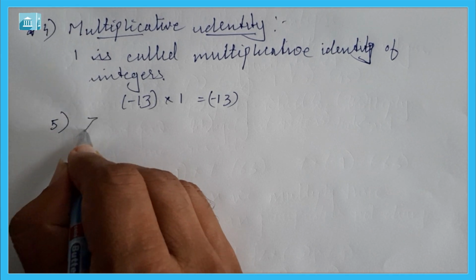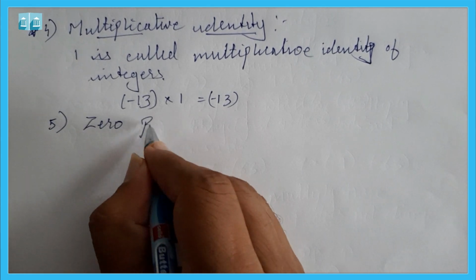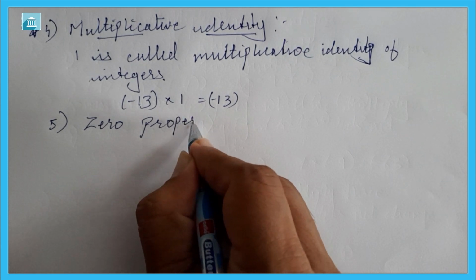Fifth is zero property. This is a new one added to multiplication.